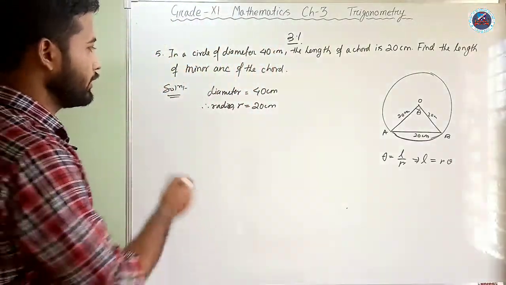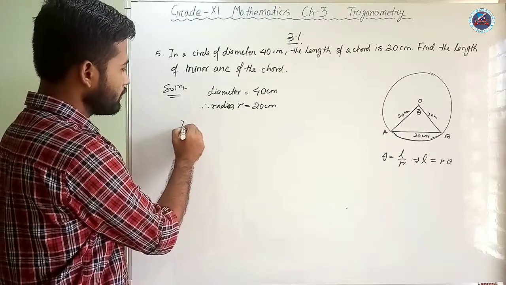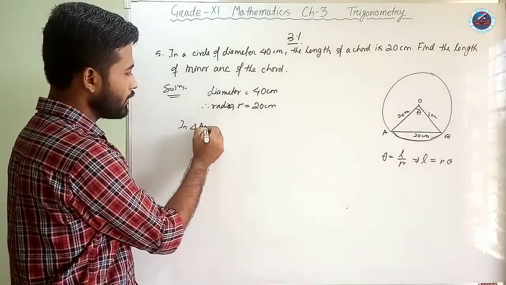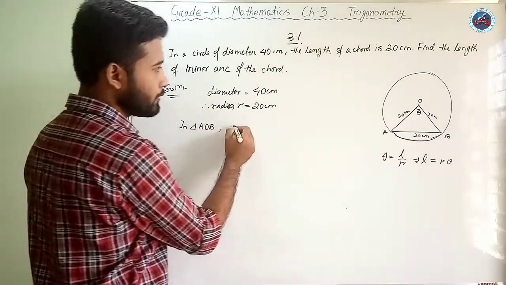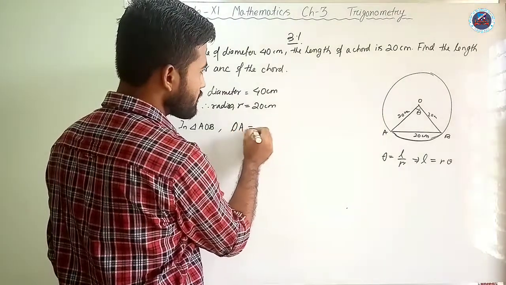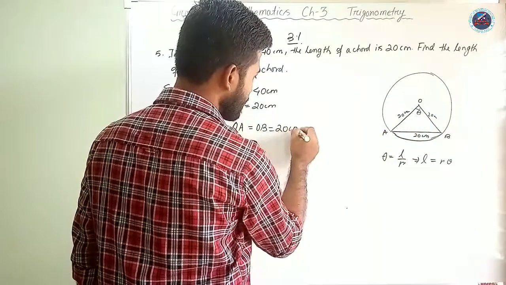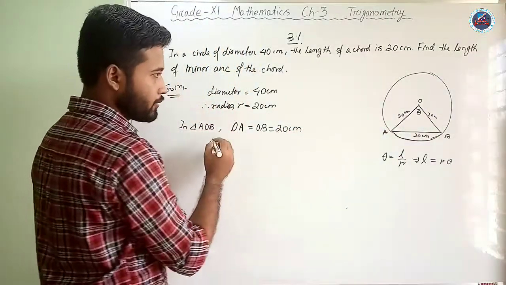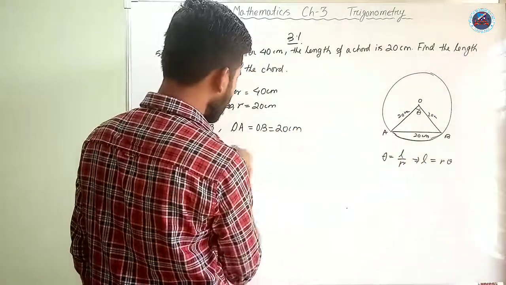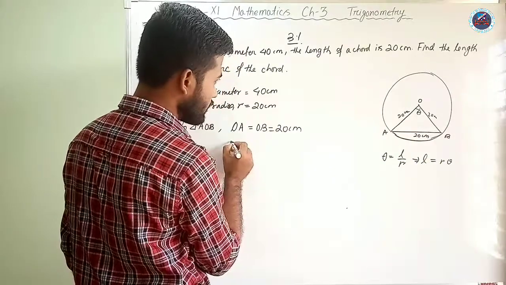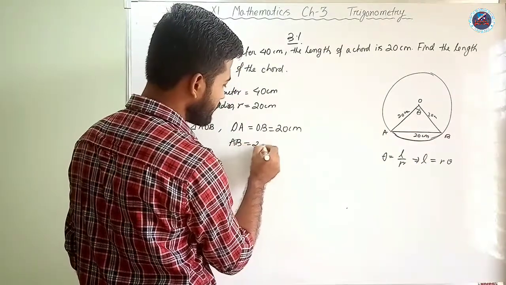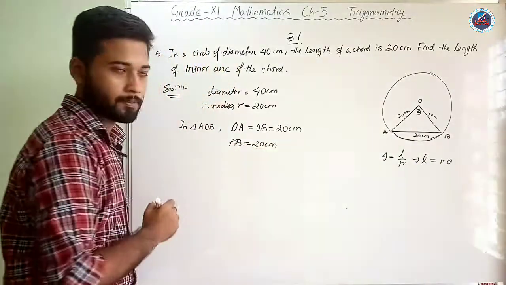Now in this triangle AOB, we can see that OA is equal to OB, that is both are the radius and both are 20 centimeter. And what about the base? It is the chord, so it is also AB, and that is given in the question that it is 20 centimeter.